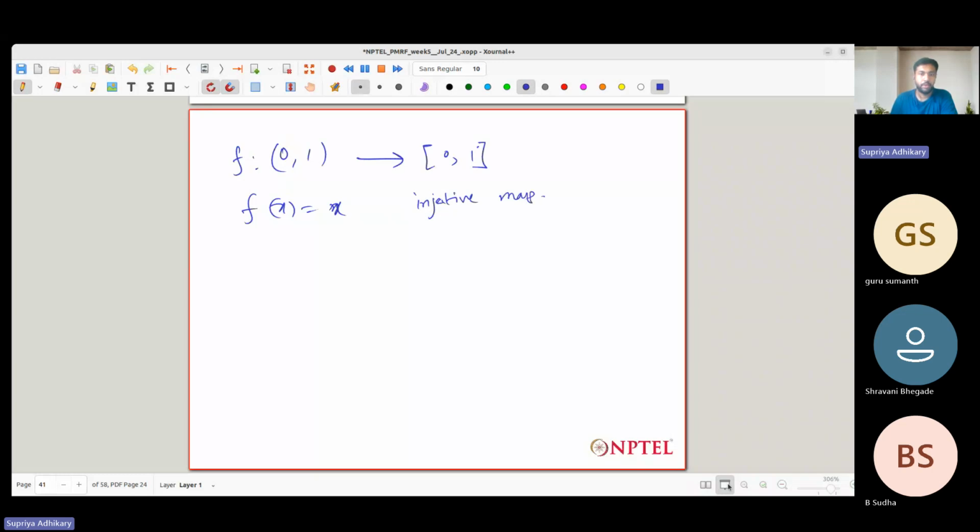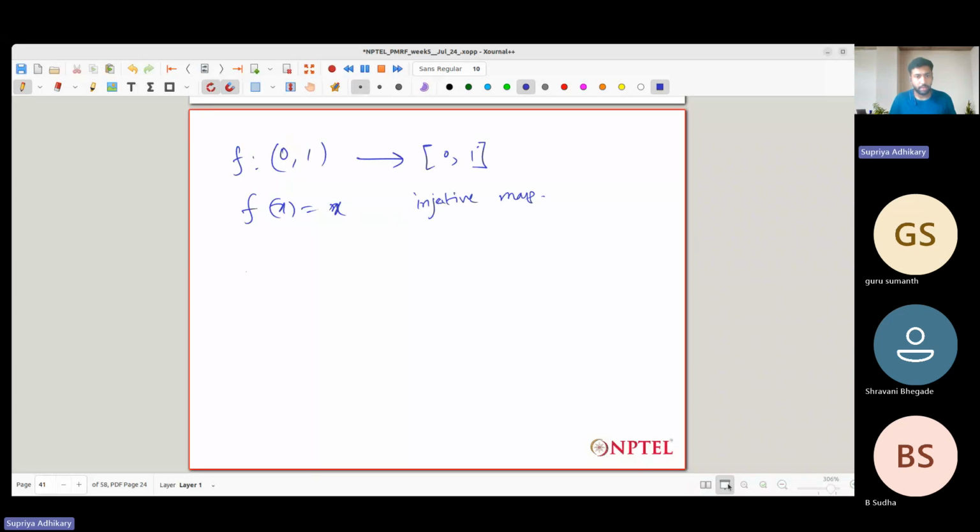This is not a surjective map because for 0 and 1 in the codomain, we don't have any element in the domain. But for any other element, the map assigns that particular element x in the domain. So this is an injective map.